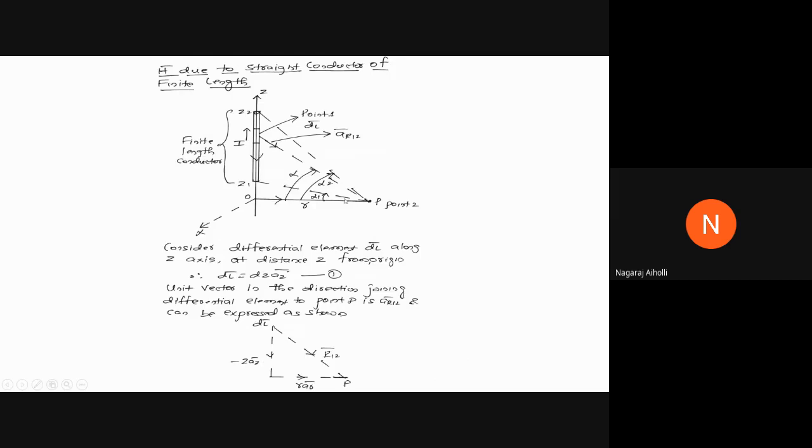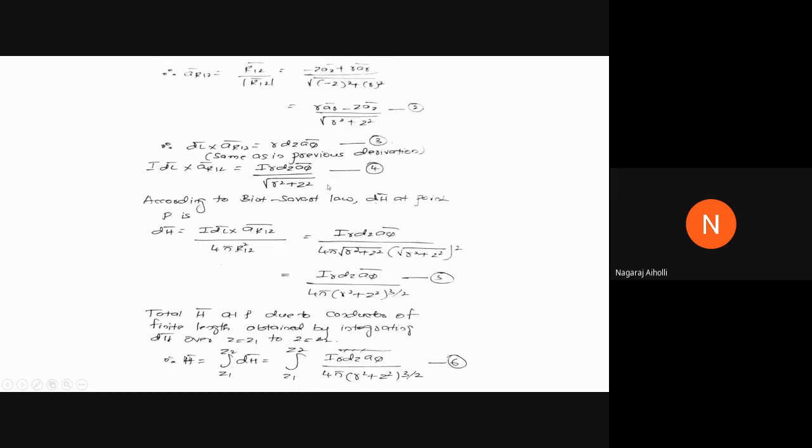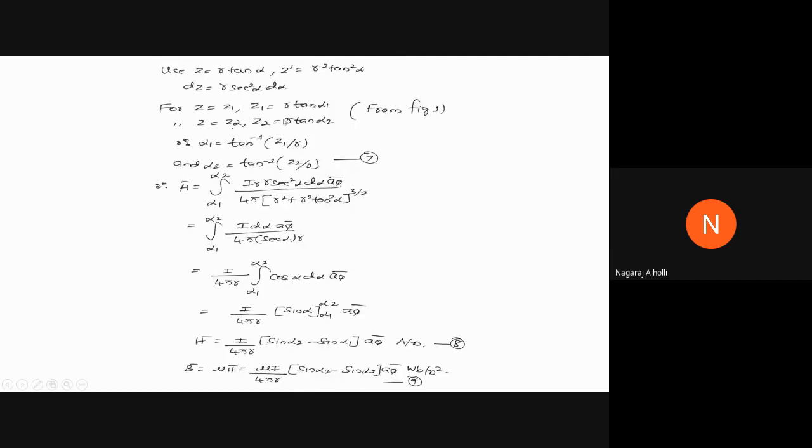Similarly, z equal to z2, then tan alpha 2 is z2 divided by r, or z2 is equal to r tan alpha 2. Therefore, alpha 1 comes out to tan inverse of z1 by r, and alpha 2 will be equal to tan inverse of z2 by r. Take it as equation number 7.